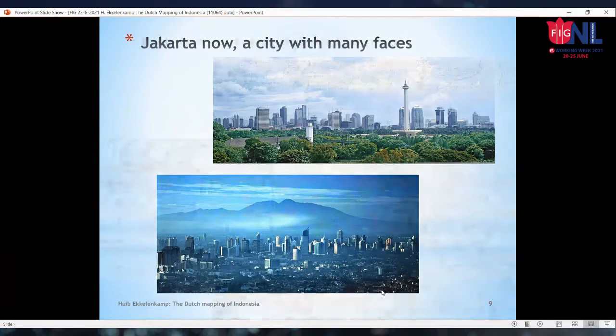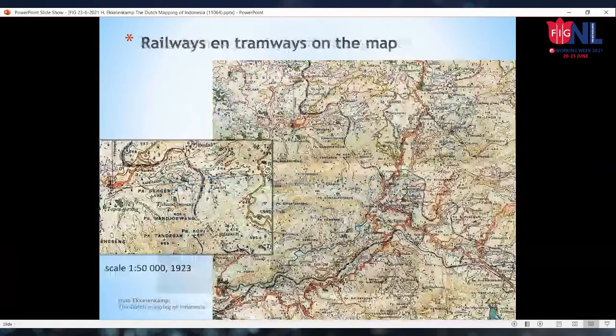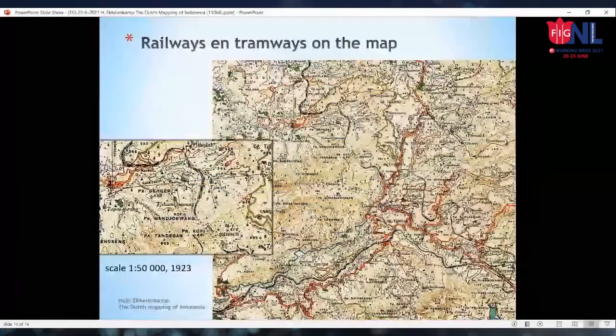Here you see an old map of 1923 already made, very detailed, 1 to 50,000, and the railway is going from Jakarta to Bandung.